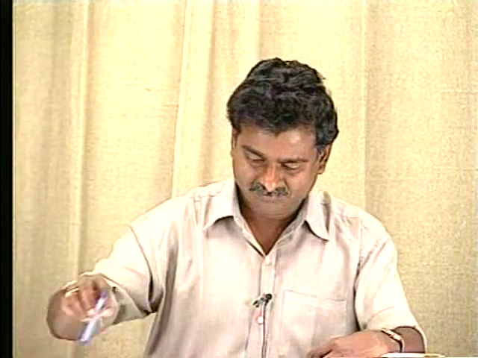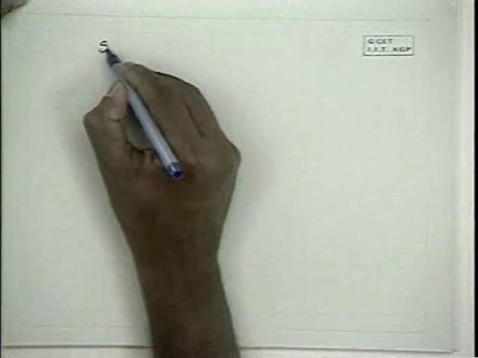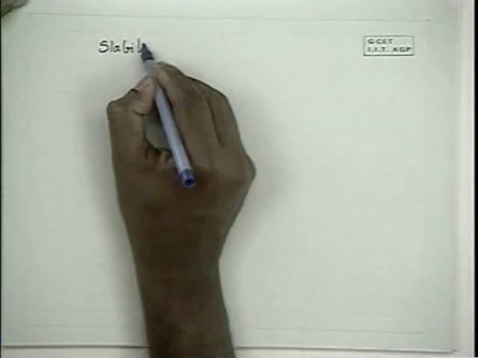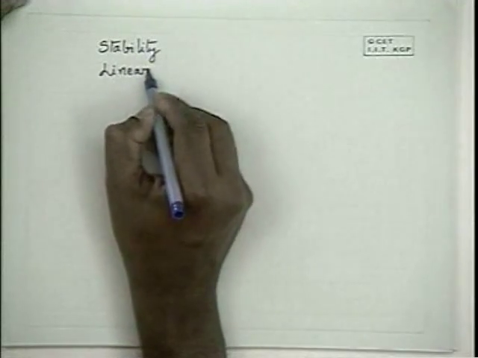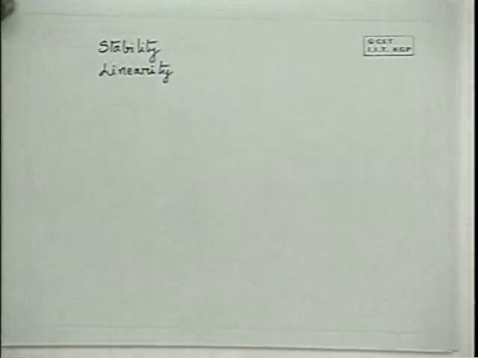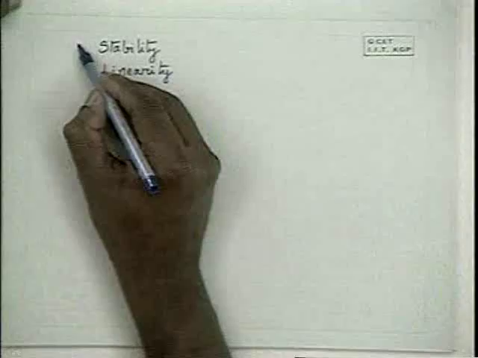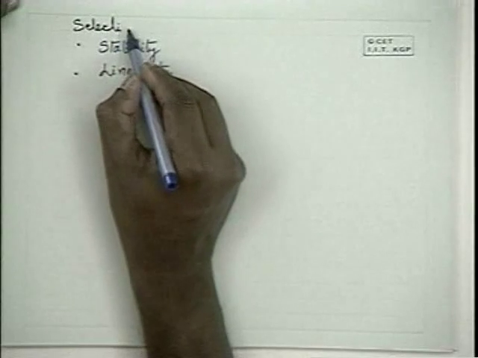Before going into the circuits, how do you select the quiescent point? As explained previously while discussing transistors, stability of the quiescent point and linearity of the amplification characteristics, not the device characteristics, are the two important criteria in selecting the Q point.